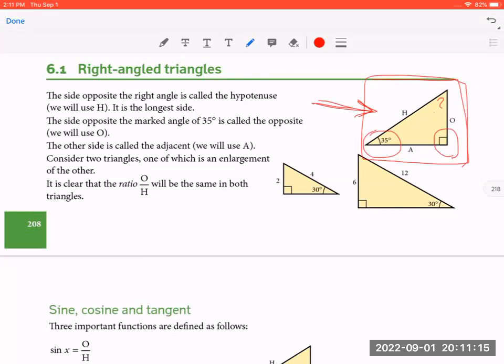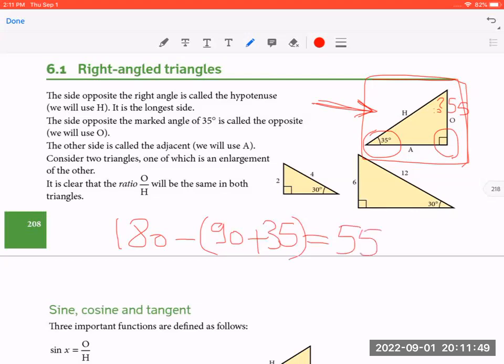It is 180 minus 90 plus 35, because the sum of the angles in a triangle is 180. So this one is 55. Again, how do you get the 55? Because the sum of the angles is 180, so you make 180 minus 90 plus 35, and you get 55.